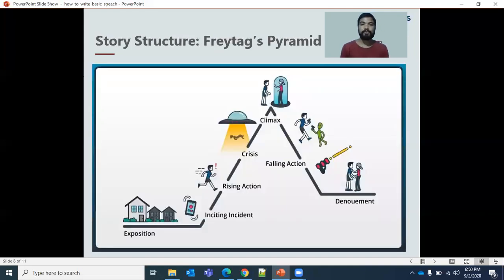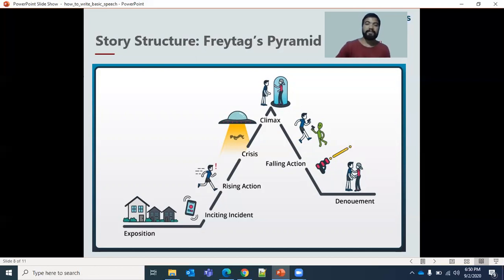Now we come to the story structure. If we are writing a story, then this is called Freytag's pyramid. It looks like a pyramid, so that's why I think its name is Freytag's pyramid. First, exposition. Suppose you are watching a movie, first they introduce that there is a home and two people living there. So they are doing basic context setting.